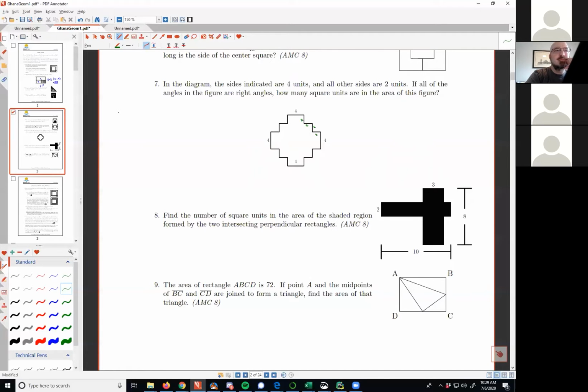Well, for number 8, the total length of the sides of the structure is 8. And then we have the total length of the other side as 10.